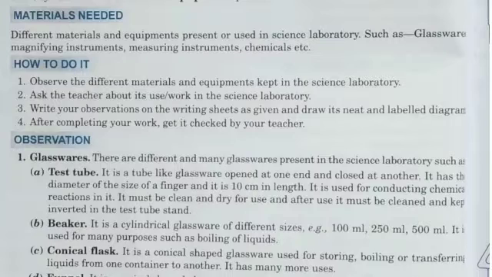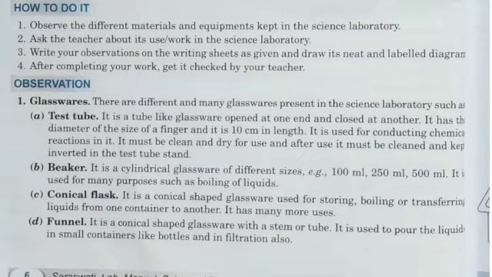It is used everywhere. Conical flask. Conical means a shape of triangle. It is a conical shaped glassware used for storing, boiling, transferring liquid from one container to another, and it also has many uses. I will show you all the pictures.